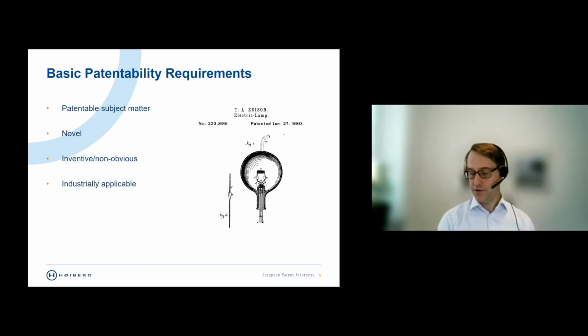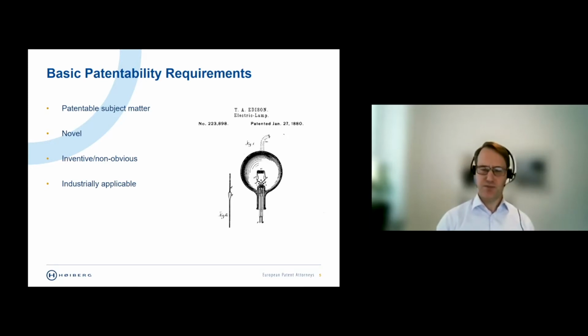For example, discoveries and theories and ideas, and also mathematical models, which will be relevant for AI that we will talk about in a while. It also says that you cannot patent programs for computers. So this is of course very relevant for software patenting. The law explicitly says that you cannot patent computer programs.